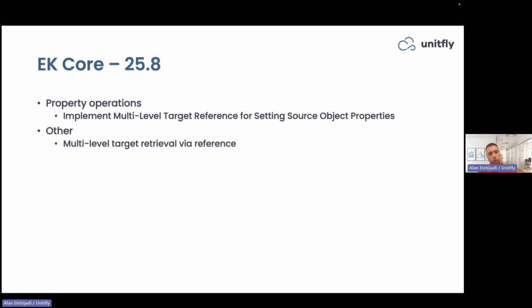In that way, you can go to your target through the references. Before that, you needed to create a new search, and it was costing a lot of time and performance. So we did this implementation for multi-level target references.